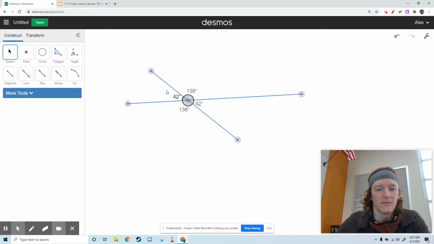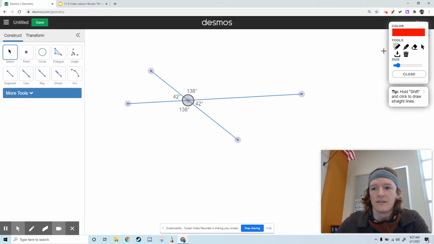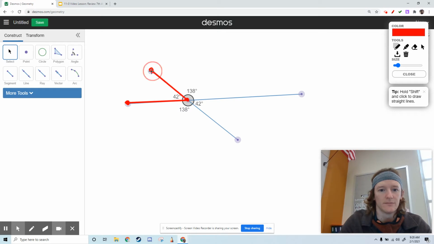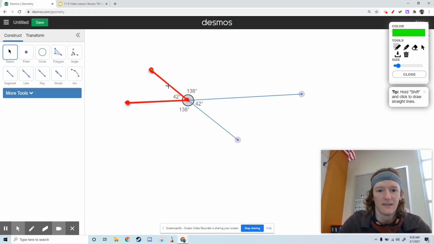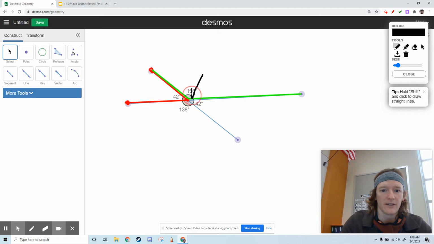So in my drawing here, I do have some adjacent angles. The red angle and this green angle are adjacent. They share a vertex, which is right here.